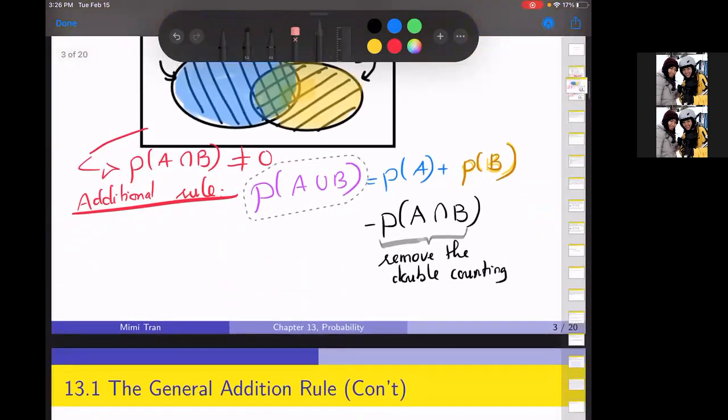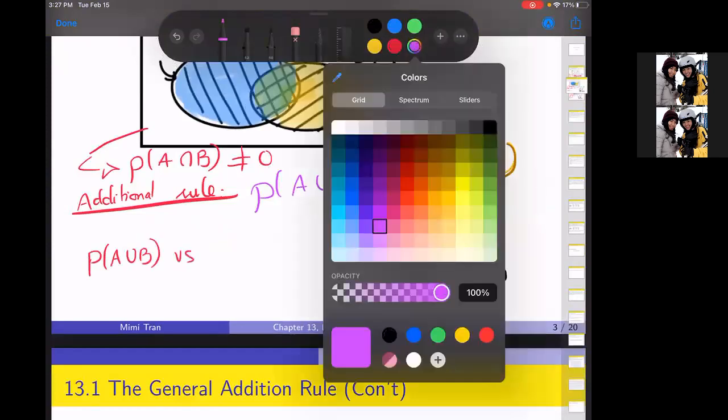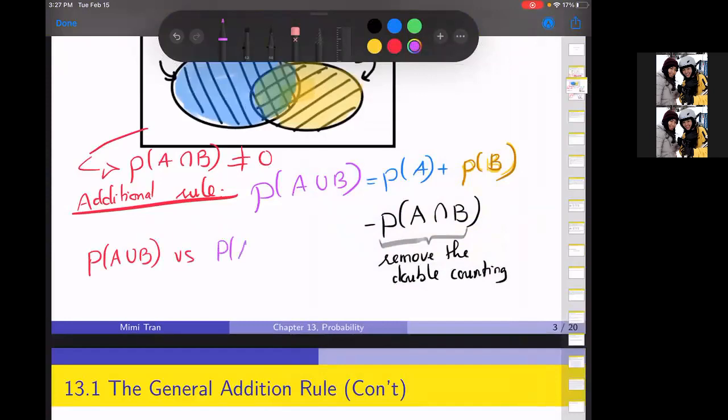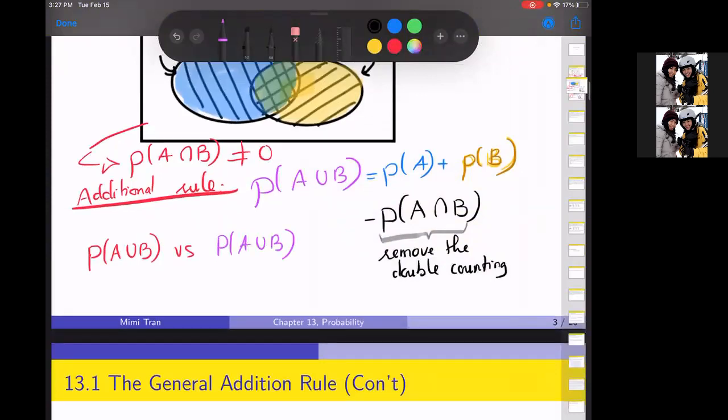So let me ask you, P of A or B versus P of A or B. So this one is from the disjoint. Not disjoint.